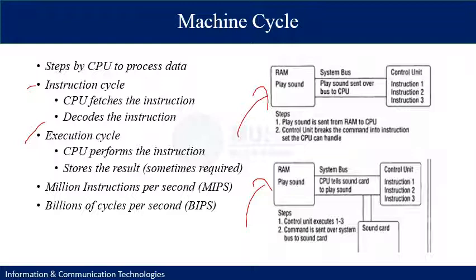That means the CPU fetches the instructions or the data from the RAM. The control unit breaks the command into instructions that the CPU can handle. In the execution cycle, the control unit executes the instruction and the command is sent over the system bus to the sound card, which produces the sound of the music.